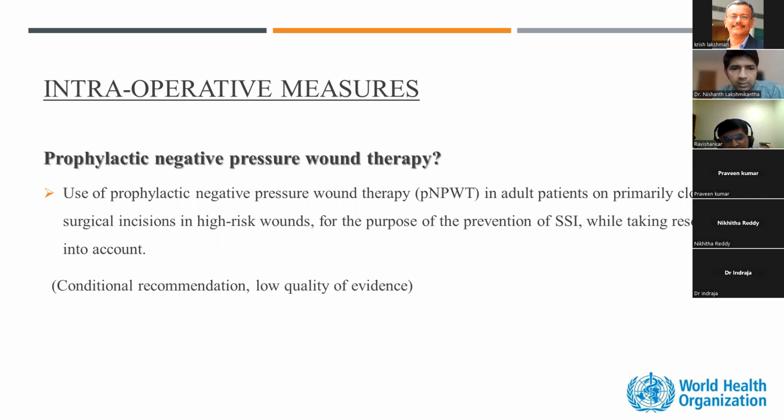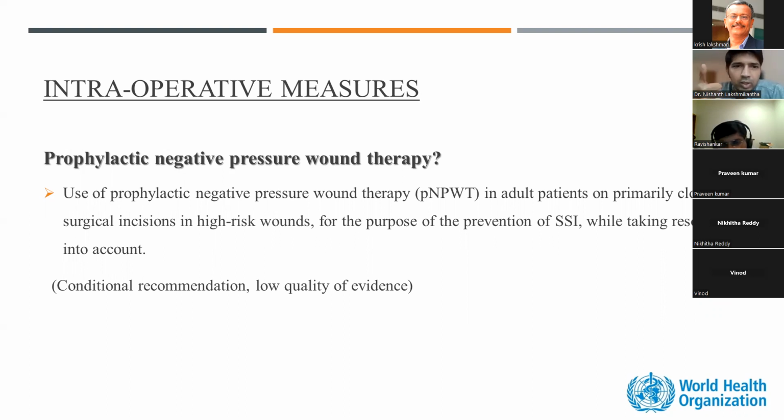You can use prophylactic negative pressure wound therapy in adult patients on primarily closed surgical incisions in high-risk wounds for the purpose of prevention of SSI. What is the concept behind this, Vinod? What is the concept behind using a prophylactic negative pressure wound therapy? That means using a VAC dressing.